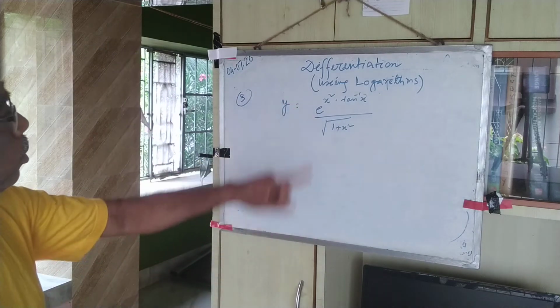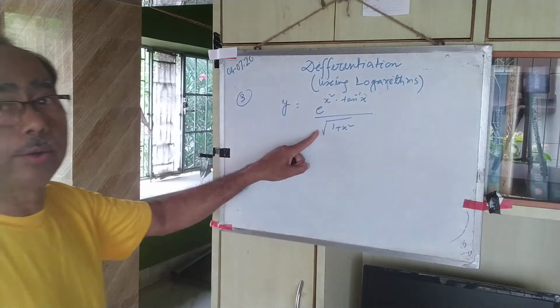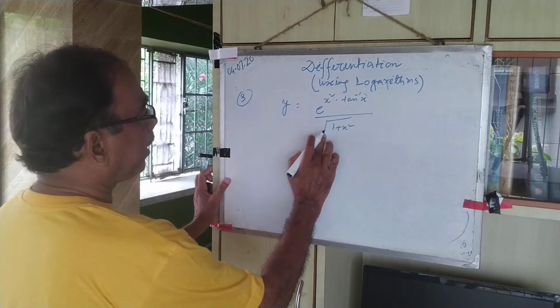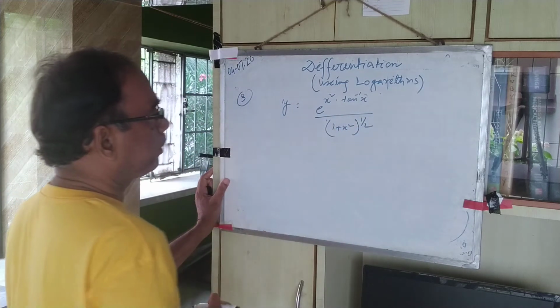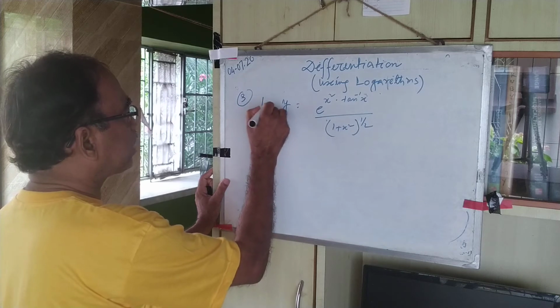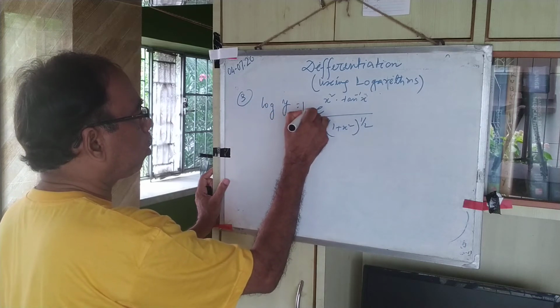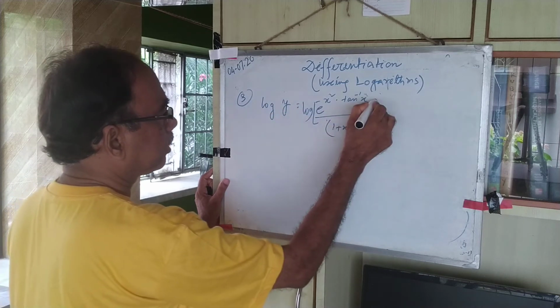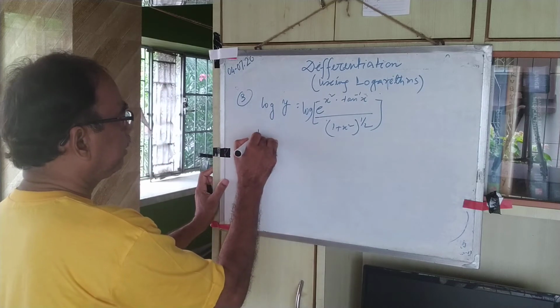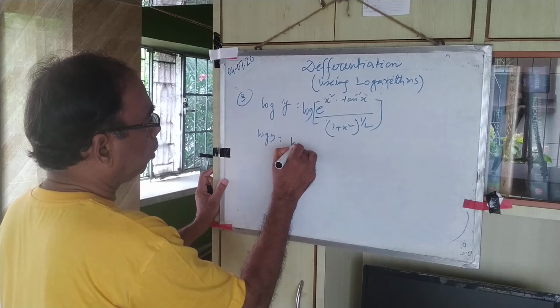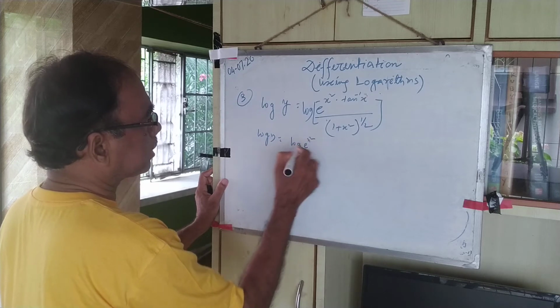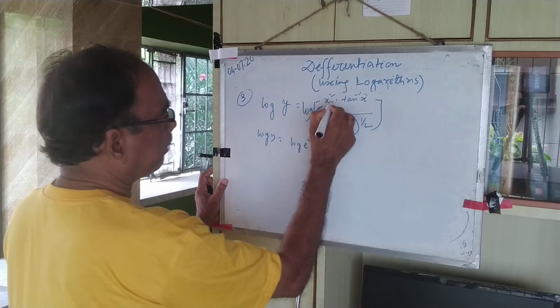Here it is also u by v, and this is a square root. We can write this to the power half, the square root of this. Now taking log on both sides, log y equals log of this. Then log y equals log of e to the power x square into tan inverse x, product of u and v.